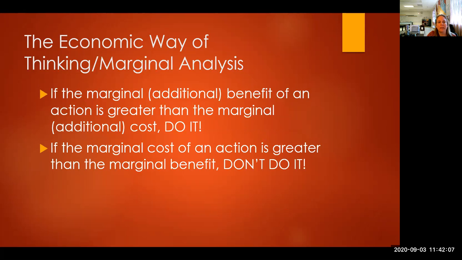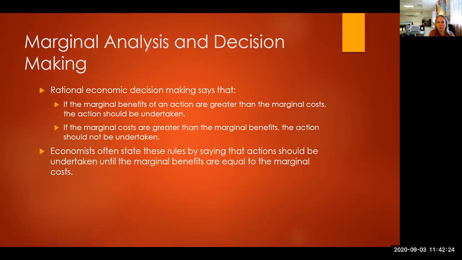So with the economic way of thinking, it is all about marginal analysis. If the marginal benefit of an action is greater than the marginal cost, do it. If the marginal cost of that action is greater than the marginal benefit, don't do it. And that's really what rational decision making is about. Economists often state these rules by saying that actions should be undertaken until the marginal benefits are equal to the marginal costs.